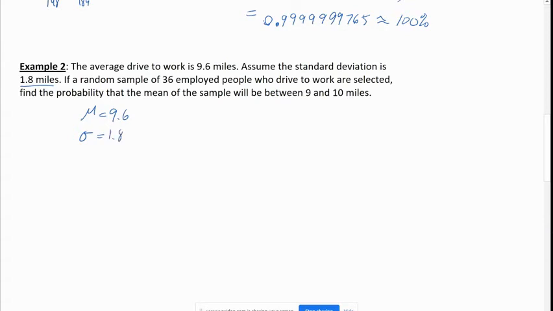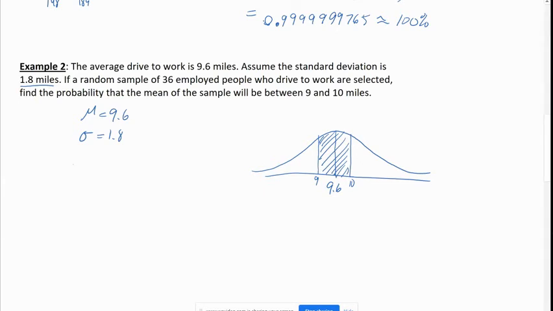If a random sample of 36 employed people who drive to work are selected, find the probability that the mean of the sample will be between 9 and 10 miles. We know our mean is 9.6, and between 9 and 10 miles, we're trying to figure out the likelihood that the mean of those 36 people we pick is going to be between 9 and 10.